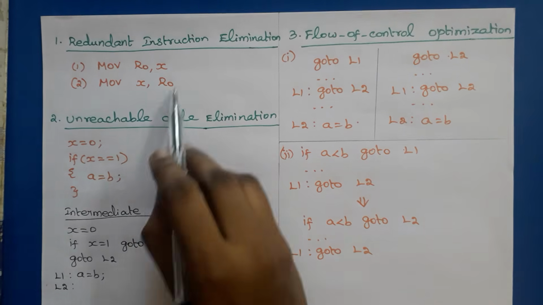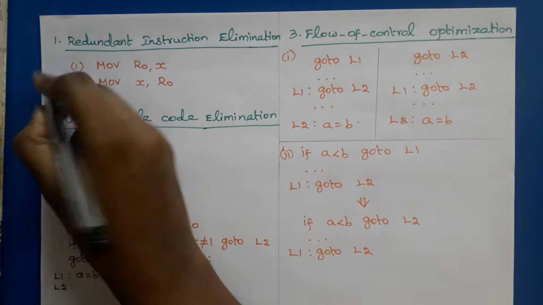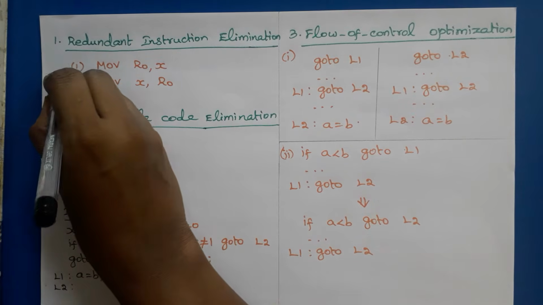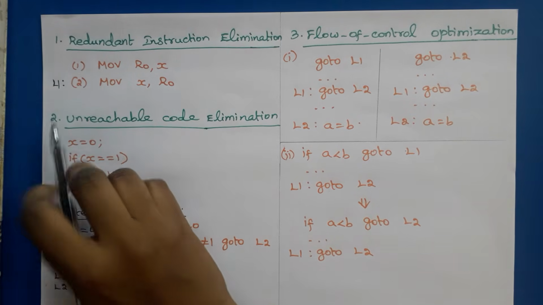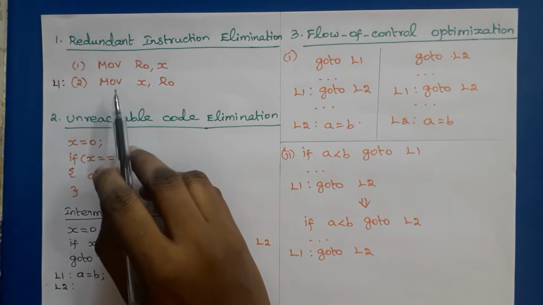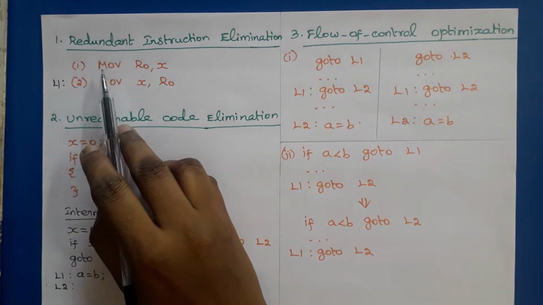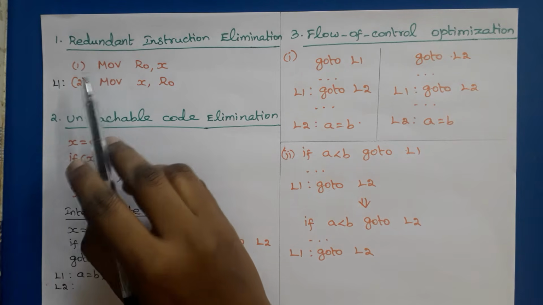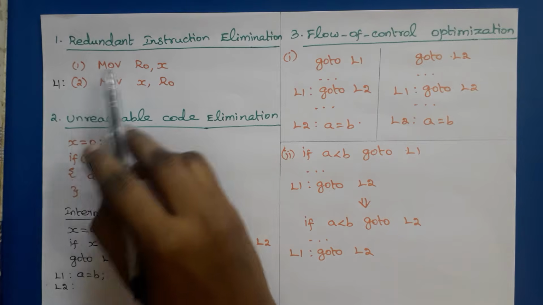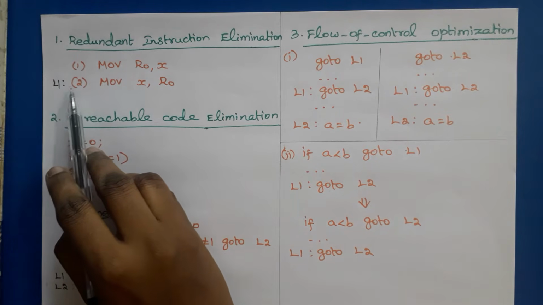This statement can be eliminated, but if this statement is preceded by any label like L1, L2, anything, then we cannot eliminate the second statement. Why? Because we cannot guarantee that statement 1 is always executed immediately before this second statement, because it is preceded by L1, right?